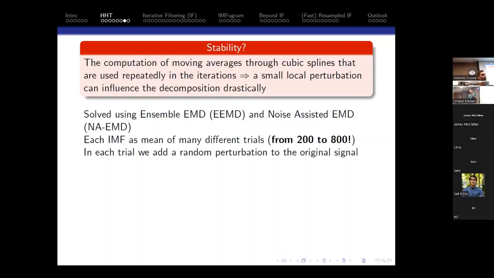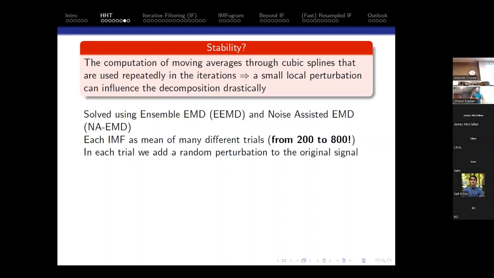Empirical mode decomposition was fairly fast, but this is extremely slow. I mean, it takes hundreds of times more to do the same decomposition. As a matter of fact, no one uses these techniques. Everyone in application keeps on using just the classical EMD, and they do not care about instability.